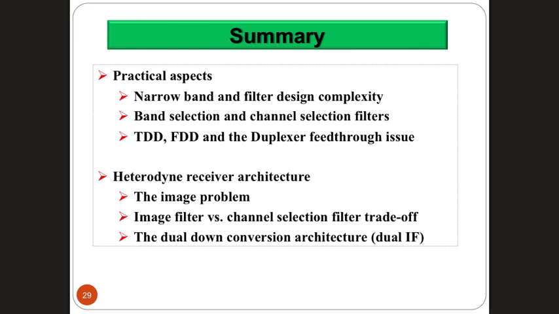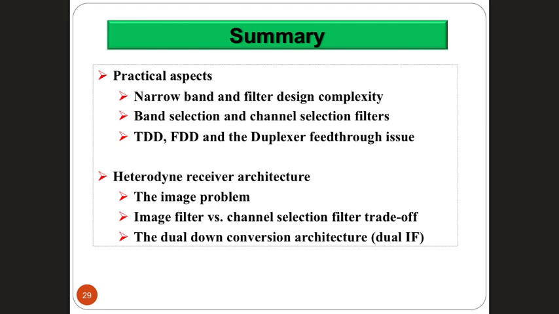Then the heterodyne itself creates a problem, which is the image problem, and we solve this problem using the image filter. There's another solution to this problem that we'll explore in future lectures, but the image filter itself has some challenges in terms of designing it, and particularly we looked at the trade-off between the image filter and the channel selection filter depending on where you select your intermediate frequency.